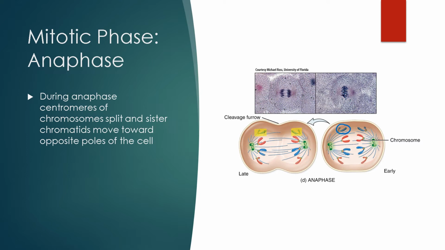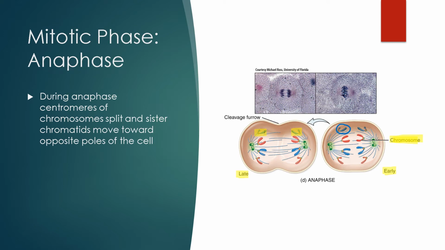So you can see this is labeled here. This one's a little backwards. It has early anaphase on the right, late anaphase on the left here. But those chromatids are going to get separated, and once they are their own unique structure, they're called chromosomes.